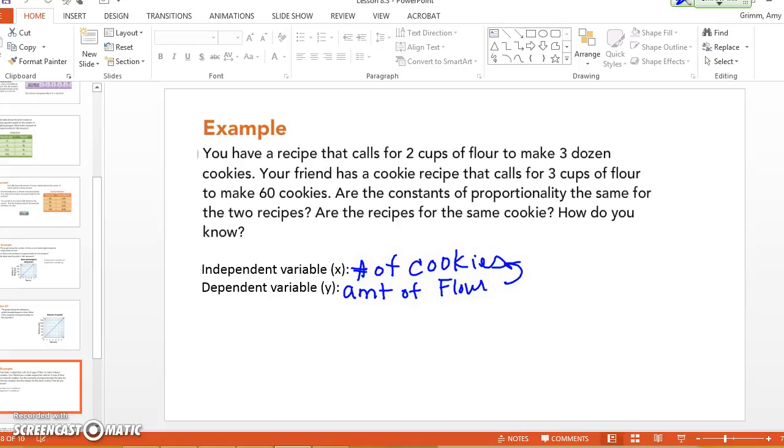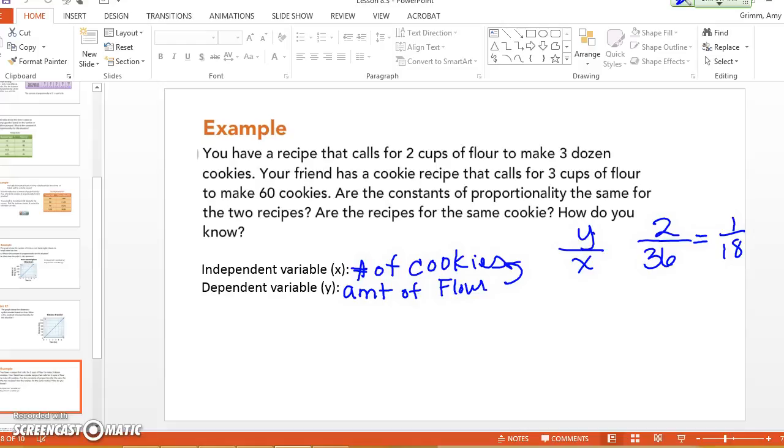Okay, so then I'm going to put y over x. And let's look at the first recipe. The recipe calls for 2 cups of flour to make 3 dozen cookies. So I have to figure out how many cookies, right? So it's 36. So I'm going to put my amount of flour, which is 2 over 36. So that gives me 1/18.